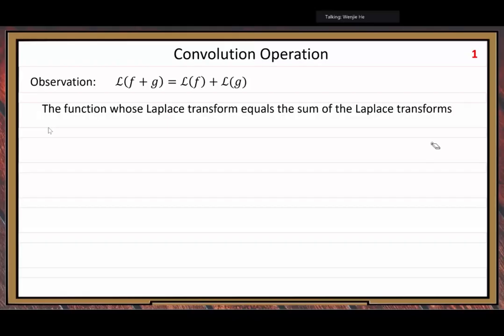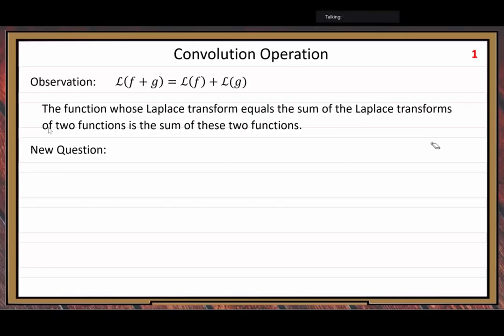That property is very simple. Now the new question: we want to generalize this property from the sum of two functions to the product of two functions.